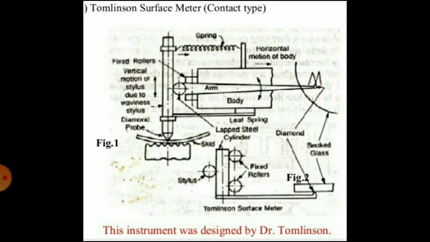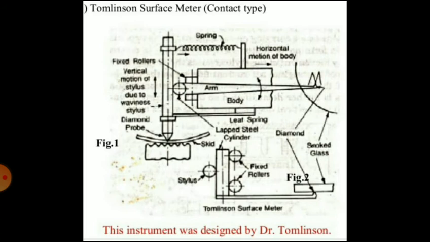In between the vertical probe and the fixed rollers, there is a lap steel cylinder which can rotate due to movement of the probe in a vertical upward or downward direction. Then the arm is attached to the lap steel cylinder.